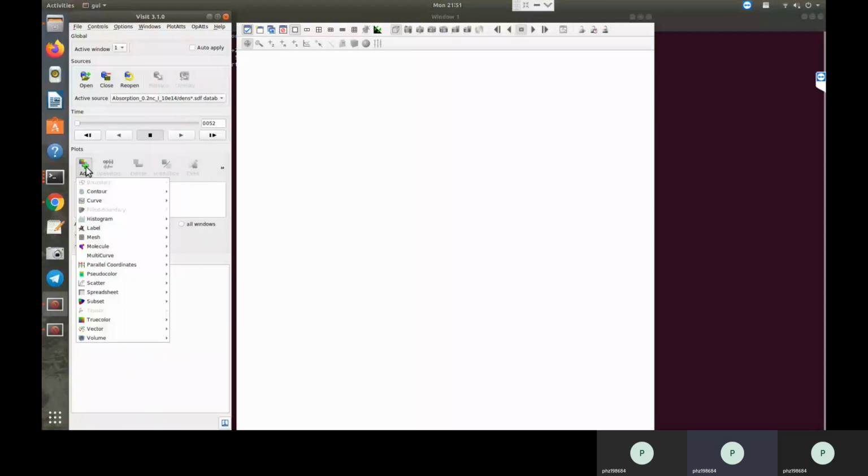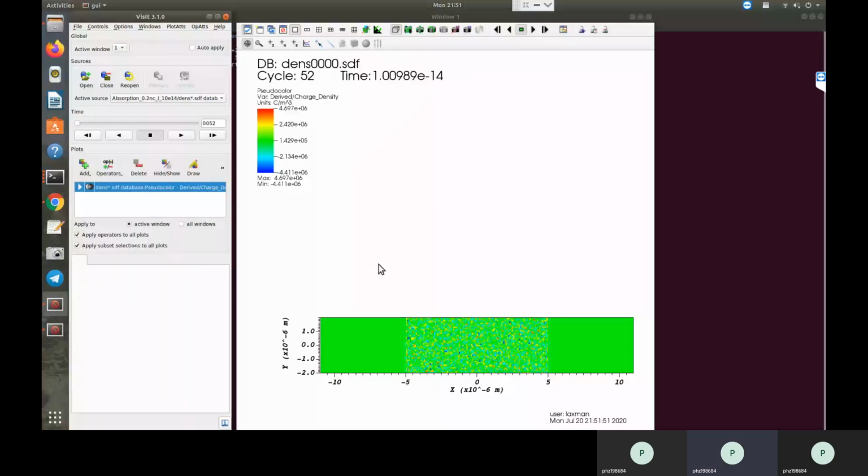Charge density. Draw. So this is the charge density at time t0. Now we can move it to other times. We can see it in movie form also. This will be like this.